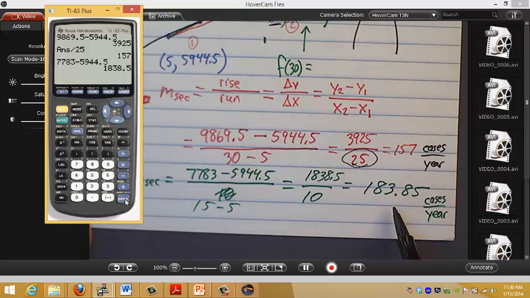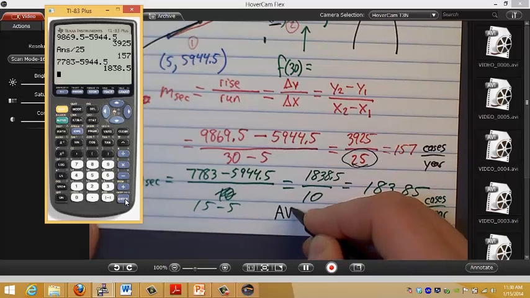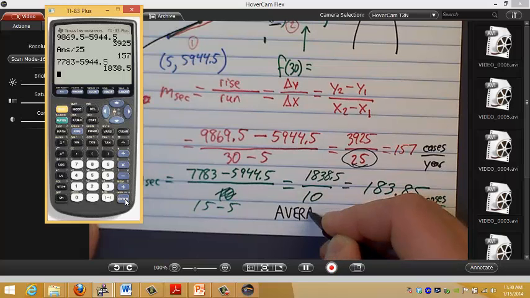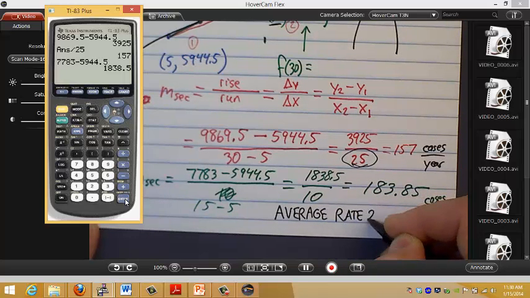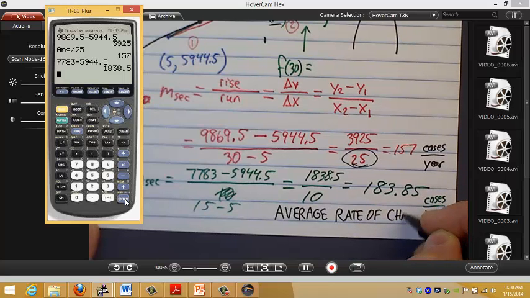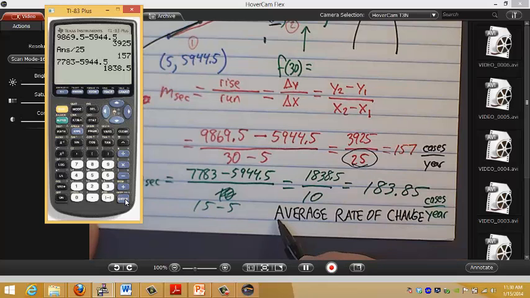This, by the way, has a name. It's called an average rate of change. It's a huge idea. Slope gives you average rate of change.